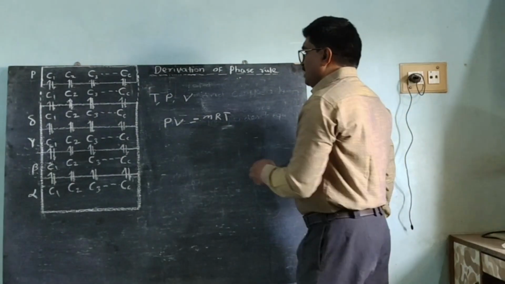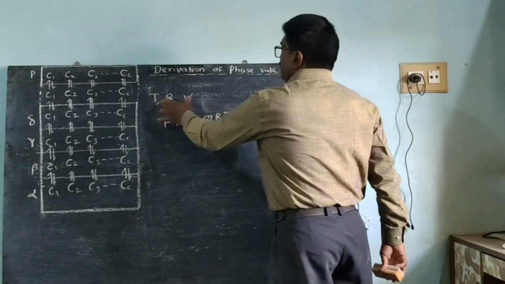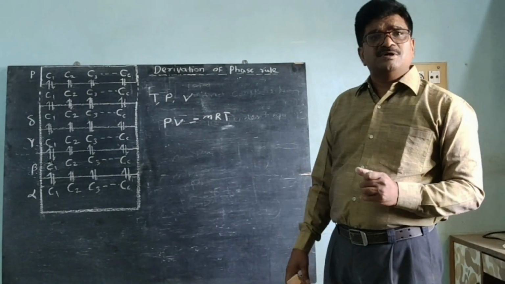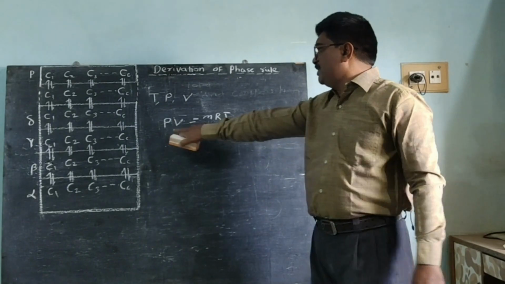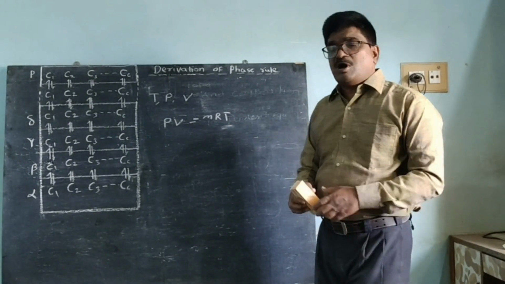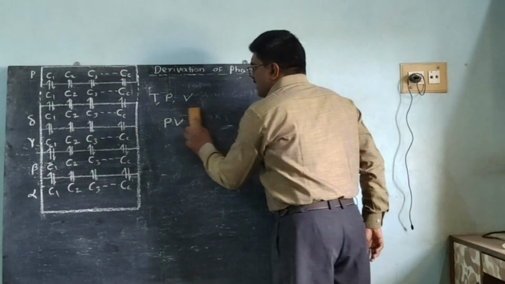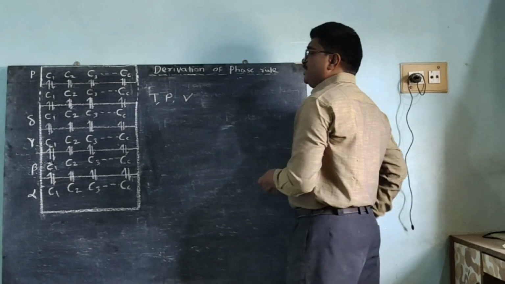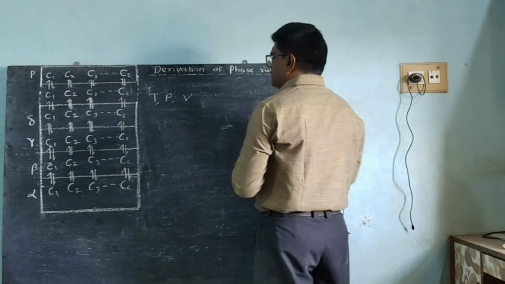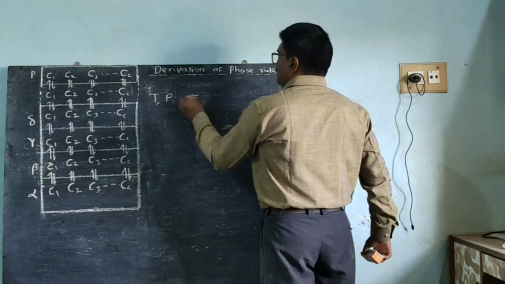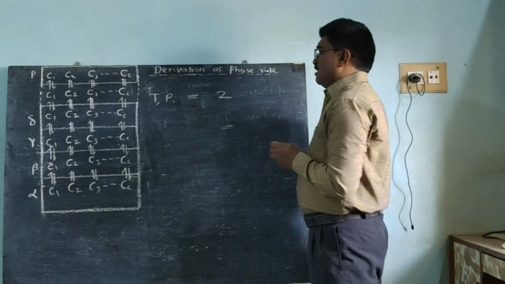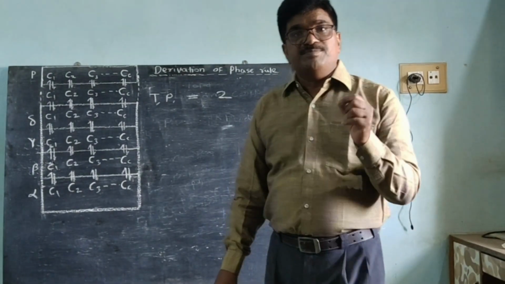Here, if we have two variables, the third one gets automatically fixed by the equation PV is equal to nRT. So out of these variables, P, T, V, we select only two. So there are two variables that can be selected out of temperature and pressure.